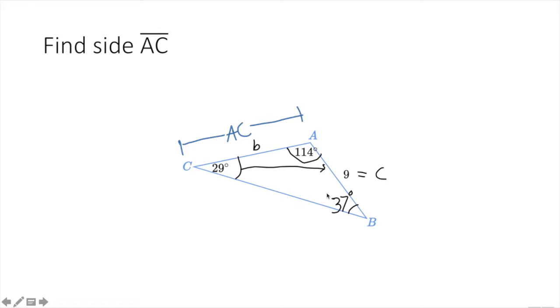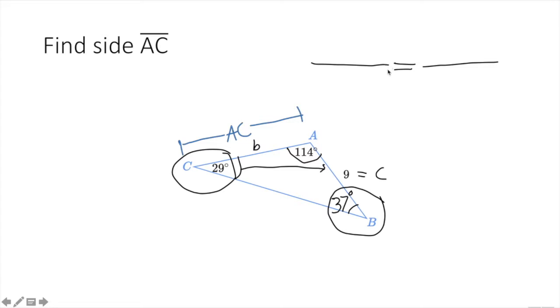Then we'll move on to figuring out what we have going on here. All right, now we've got enough information to figure out side b, because we've got angle C and side c, and angle B and side b. So law of sines means we have sine B divided by side b, and sine C over lowercase side c.